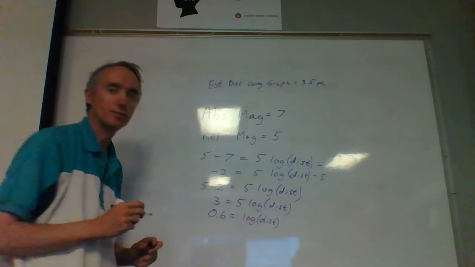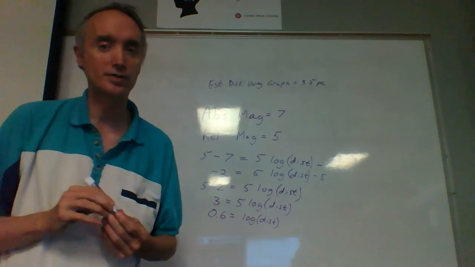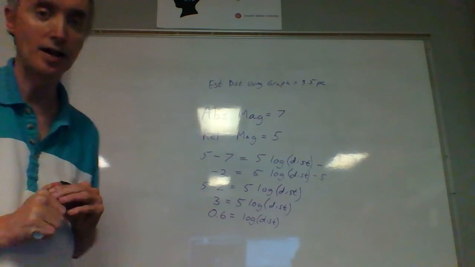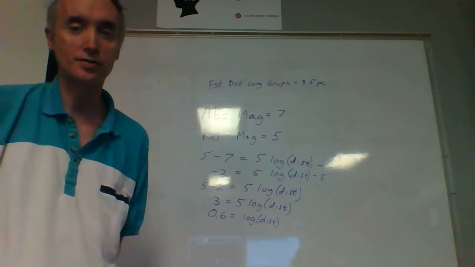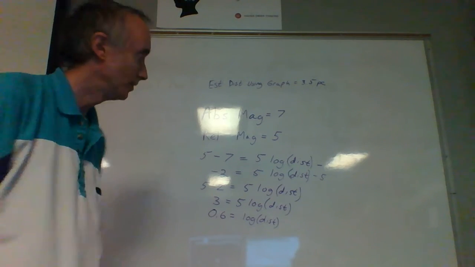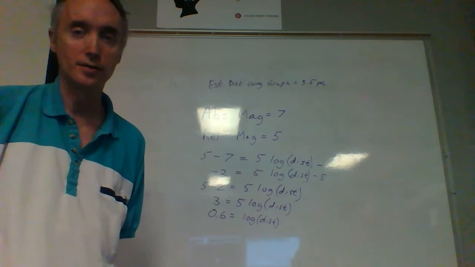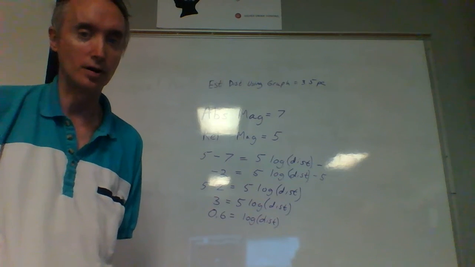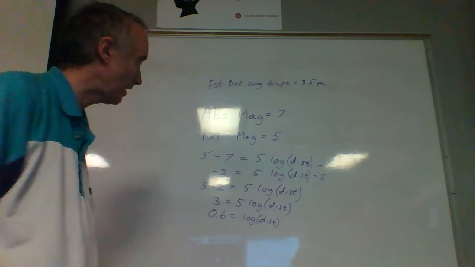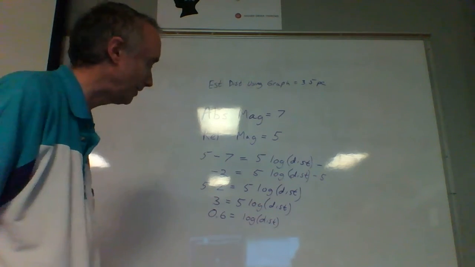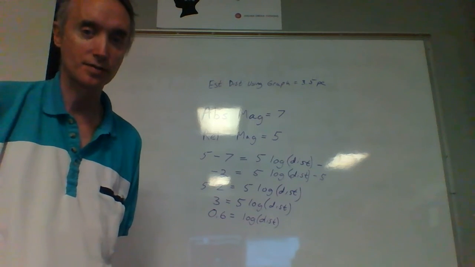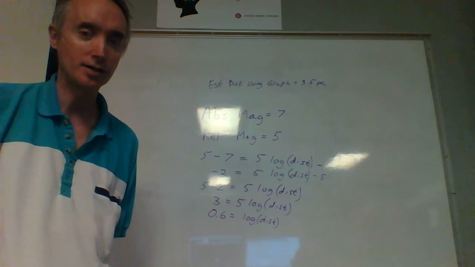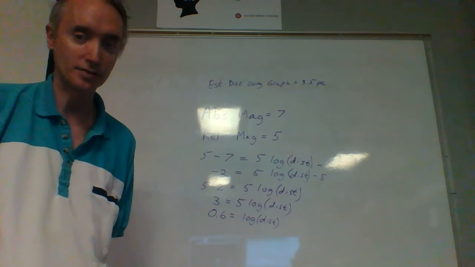Now we have to do something that we haven't done before here in class. You should have learned this in your algebra class, but the opposite of a log is called an anti-log. So we need to find the anti-log of 0.6. So the distance is equal to the anti-log of 0.6.